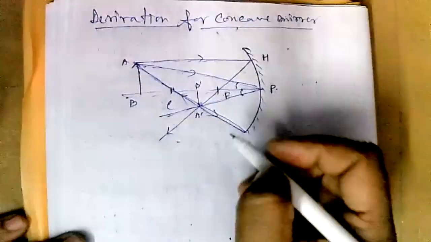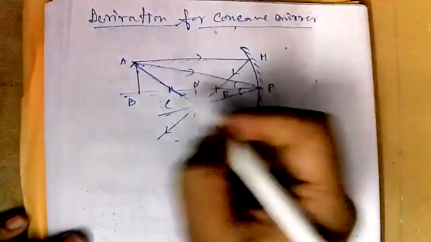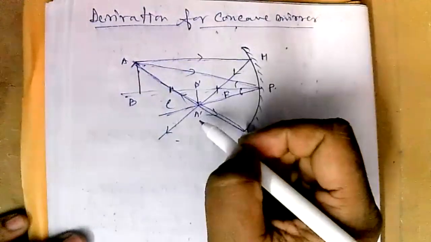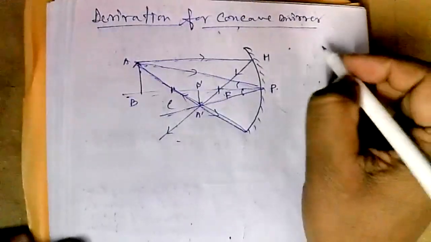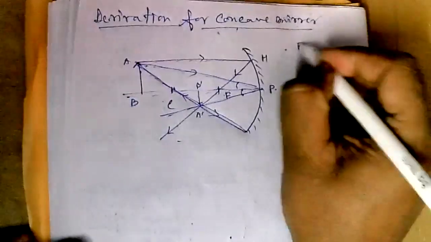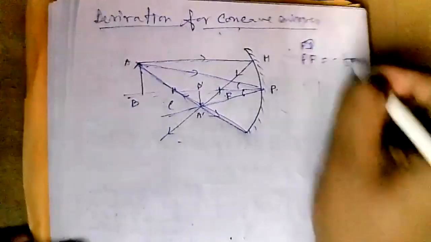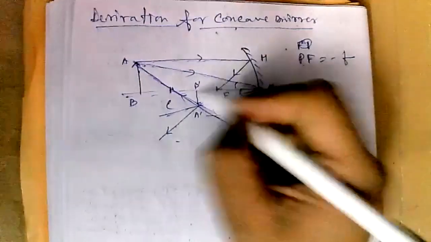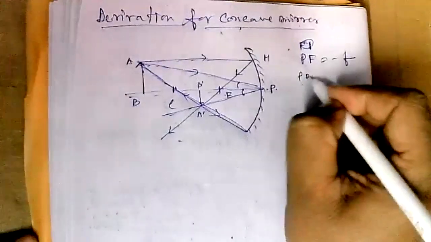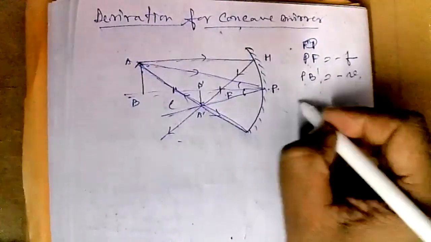This is M. This is F. This is C. PF is minus F, the focal length. PB dash is minus V, the image distance.